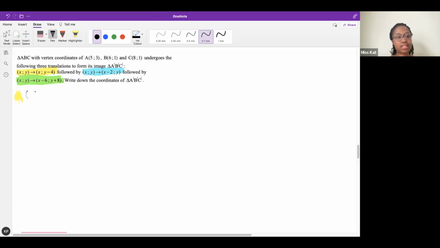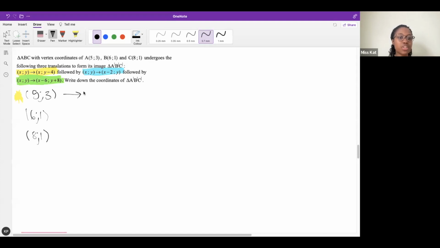So we're starting at 5, 3 for A, 6, 1 for B, and 8, 1 for C. What's my new coordinates, guys? We're using the yellow one right now. Okay, Watobe says 5, -1.